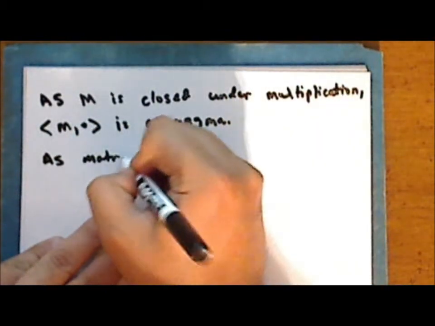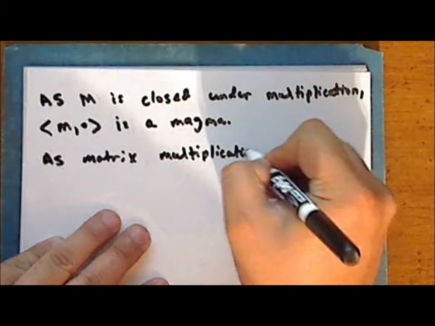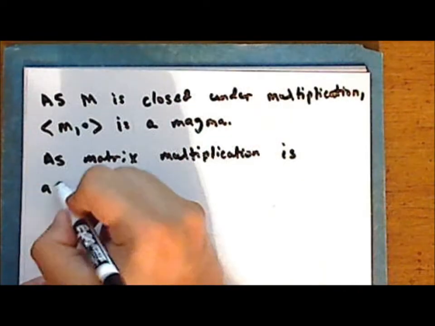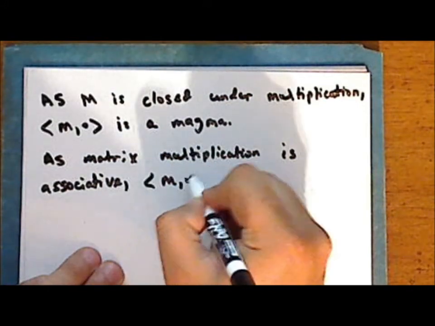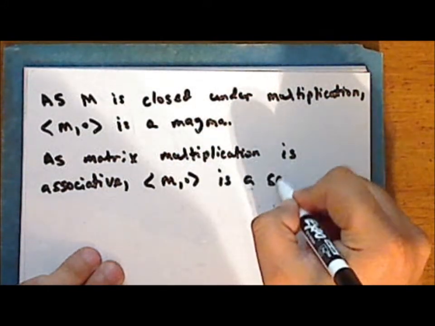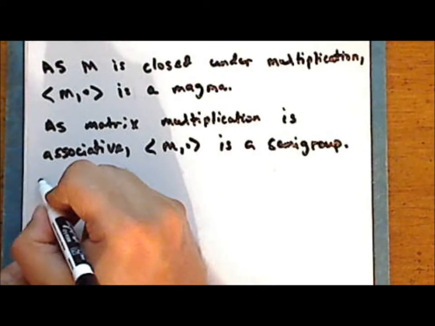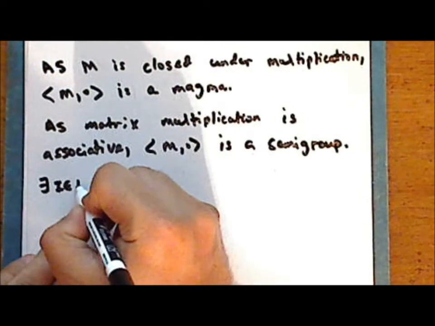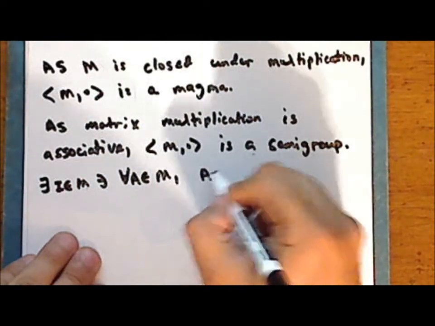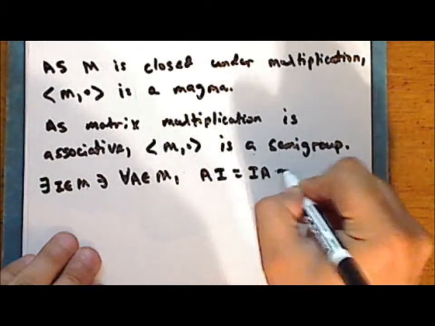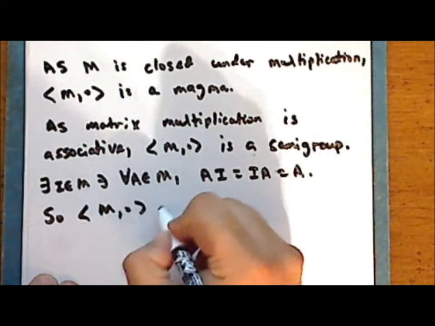As matrix multiplication is associative, this magma is a semigroup. There exists the matrix I in the set M such that for every matrix A in the set M, we have that A times I is the same as I times A, which is A. And so this semigroup is a monoid.